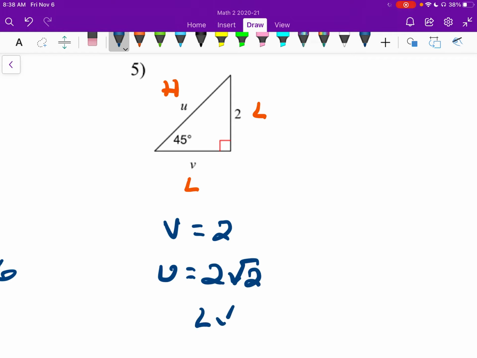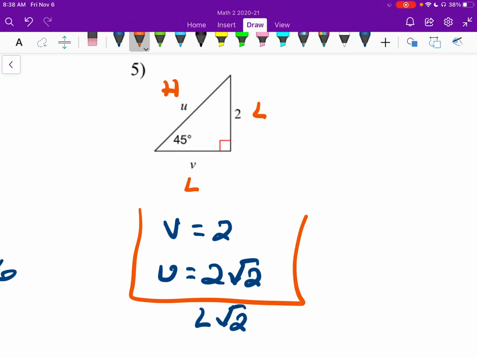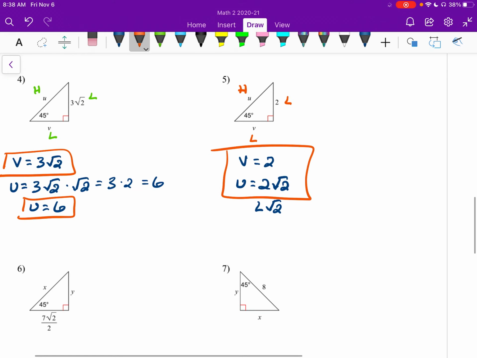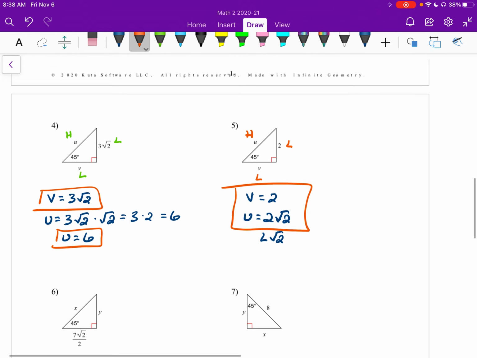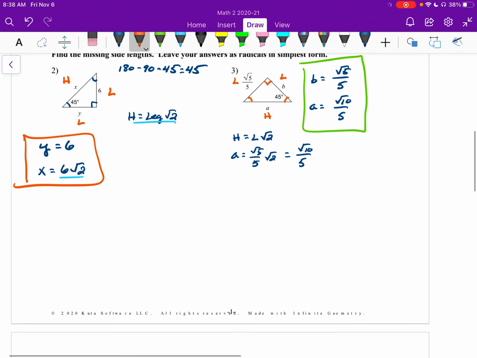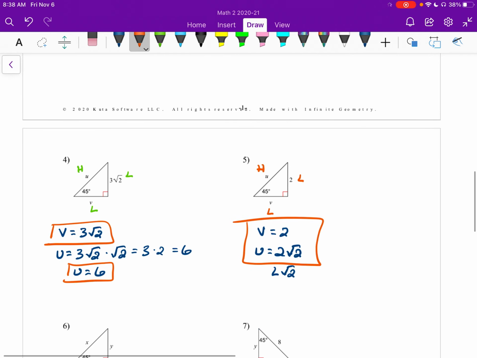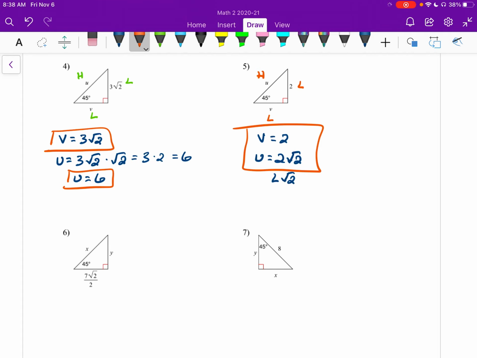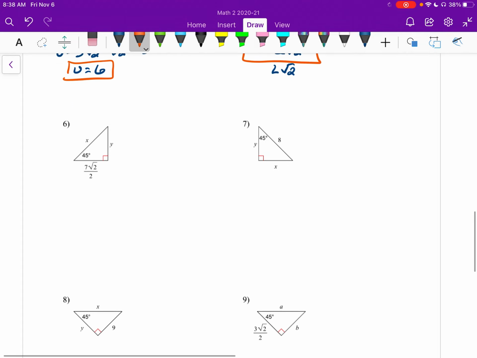It's the leg times root 2. You'll notice that everything so far, we have been given the leg, and we've had to find the hypotenuse. Whenever we have the hypotenuse, it's going to be just a little bit different, and you'll have to do a little bit of rationalizing, but we'll get to that in number 7.